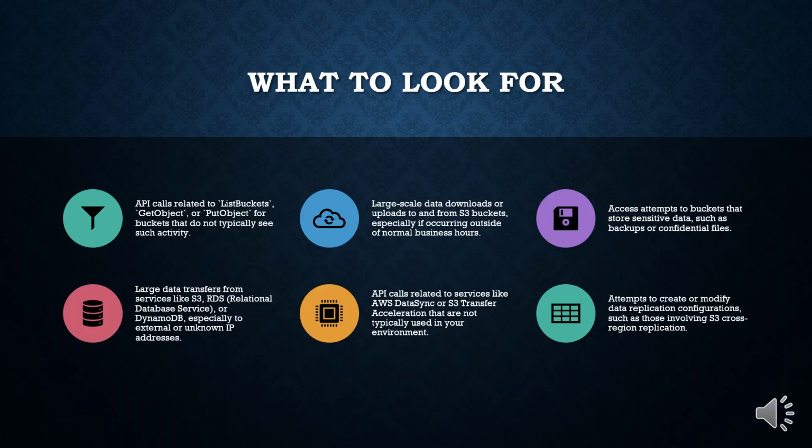What to look for? API calls related to ListBuckets, GetObject, or PutObject for buckets that do not typically see such activity. Large-scale data downloads or uploads to and from S3 buckets, especially if occurring outside of normal business hours. Access attempts to buckets that store sensitive data, such as backups or confidential files.